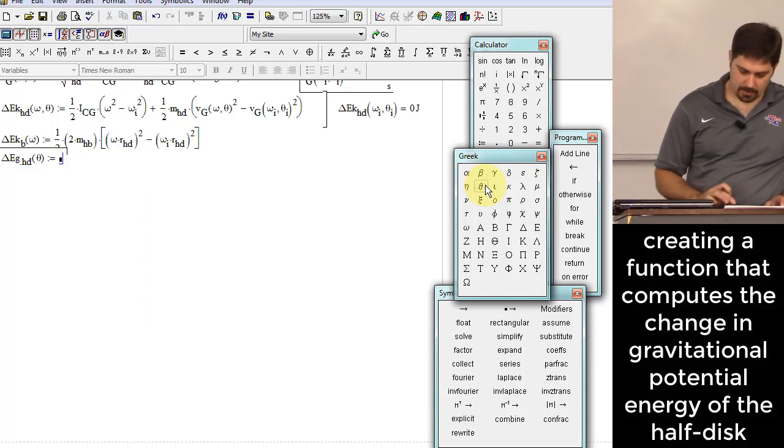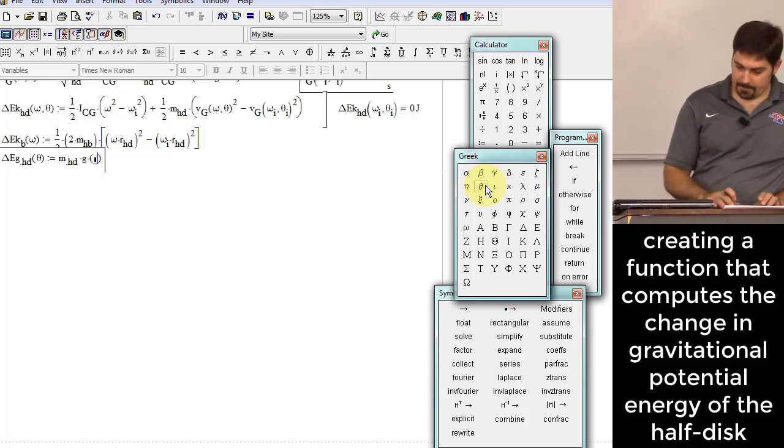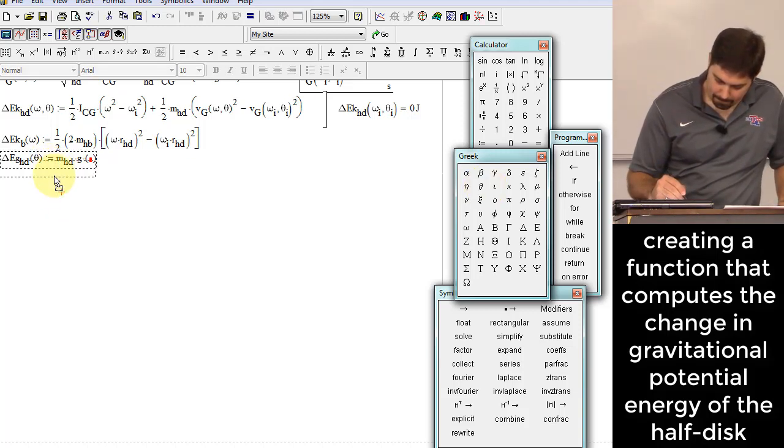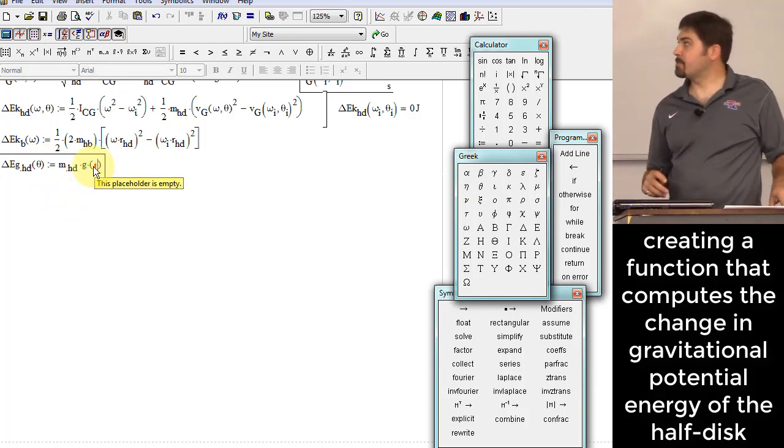Okay, and it's going to be equal to the mass of the half disk times G. G is built into Mathcad, so I don't have to mess with that. Times, here's my height difference. Okay. So I can take maybe my final minus my initial.